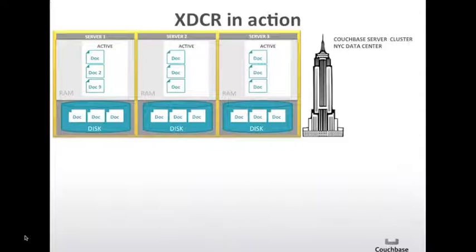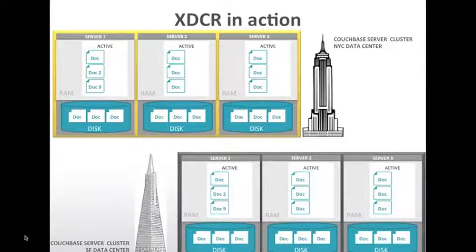You had a data center in New York, and your applications were going to the New York data center. Now your application became very popular, and you want to have a data center in the West Coast. So you build a West Coast data center. Now you want to keep both data centers in synchronization. You want to make sure that any changes which happen to the New York data center get replicated.